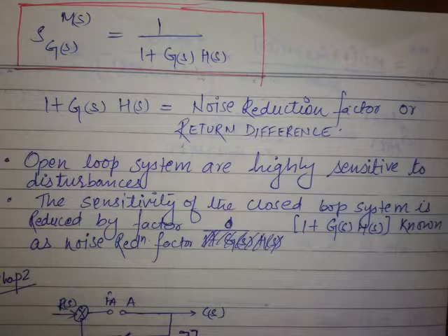That is why we call this an integral controller. P of S is equal to Ki by S into E of S. So the transfer function of an integral controller is of the form Ki by S, with E of S as input and P of S as output.